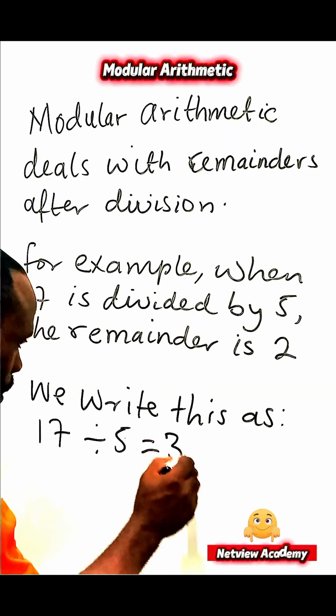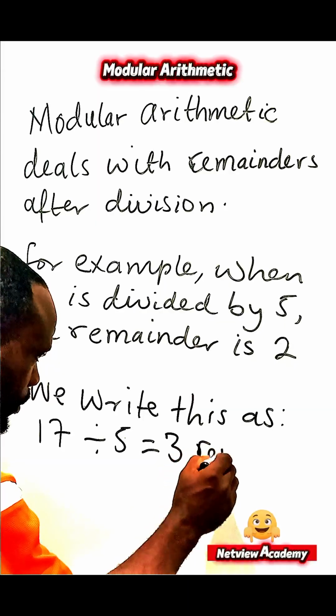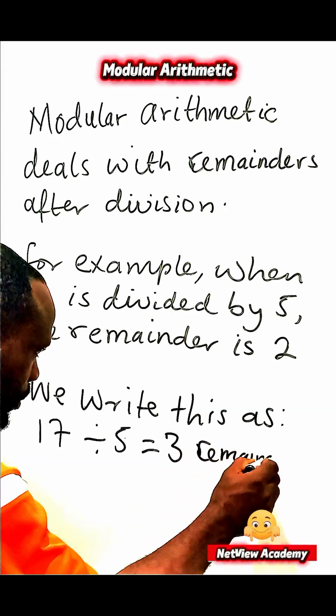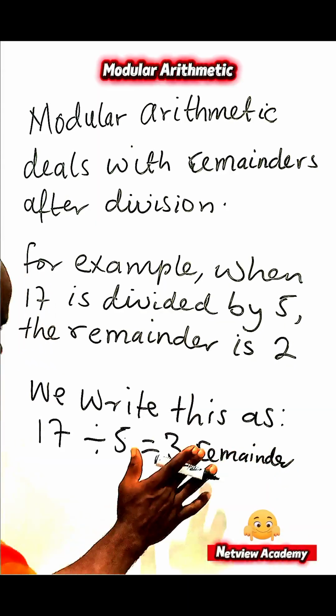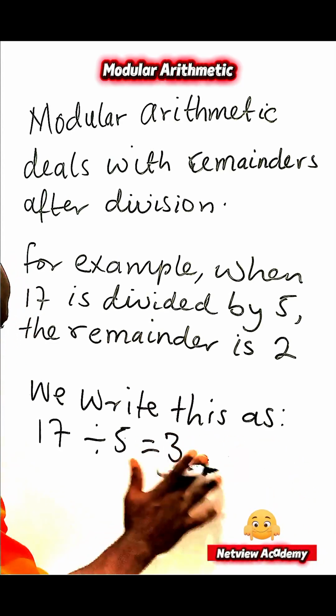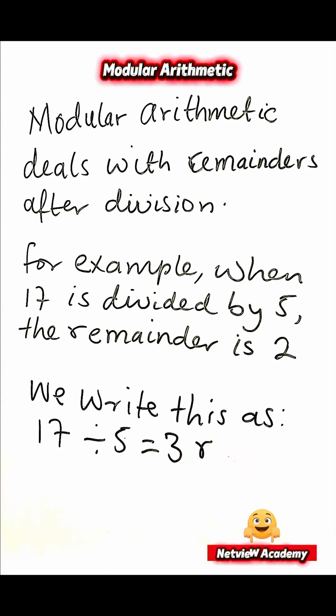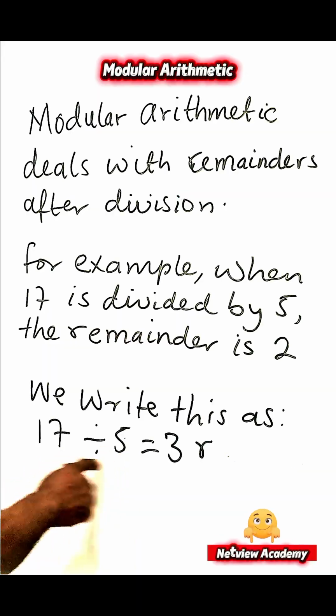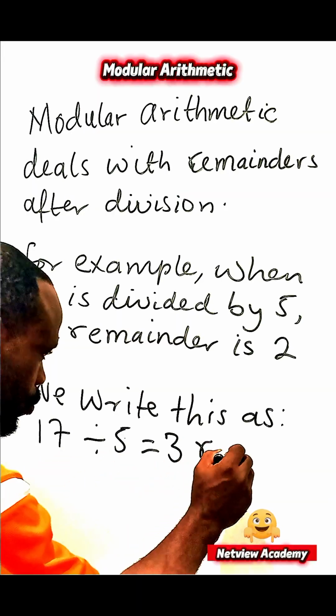So 3 remainder, let me just use R to represent remainder. So 17 divided by 5 is 3, remainder 2.